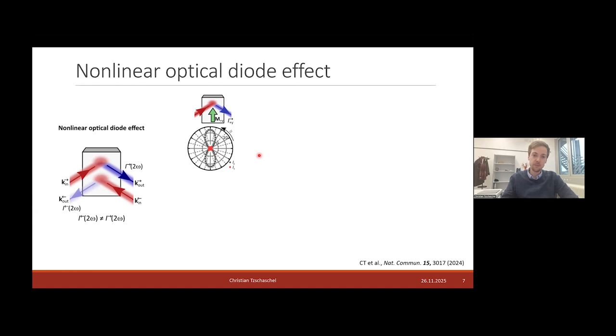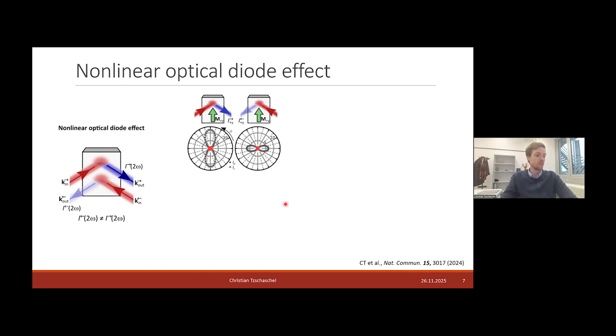Now, if you reverse the light propagation direction, we find a very different SHG response, a very different polarization dependence. And you can imagine, okay, if you just select one polarization component, say the one where we have here S polarized incident light, then in forward direction, you get a maximal SHG response. In the reverse direction, you get almost no SHG response.